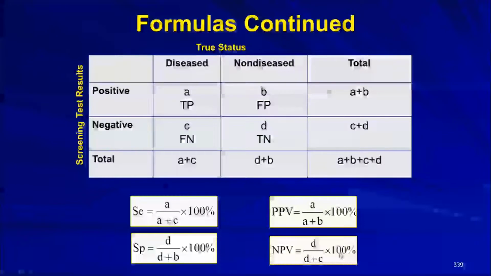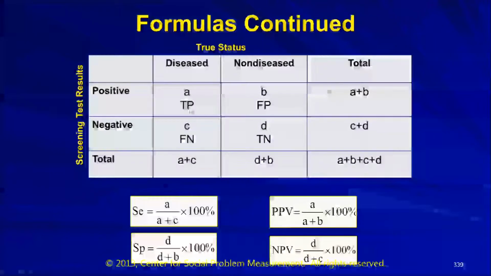That's the constant. If we're talking about positive predictive value, we have A divided by A plus B. Negative predictive value, and this is where people often have problems, is D, because we're interested in true negatives.